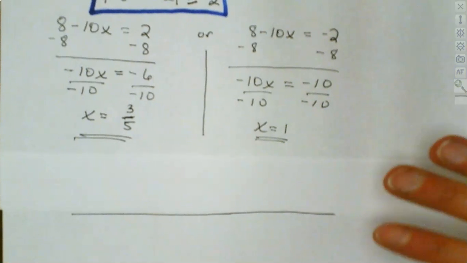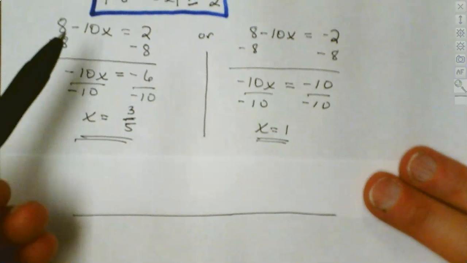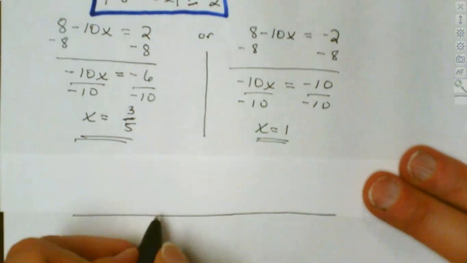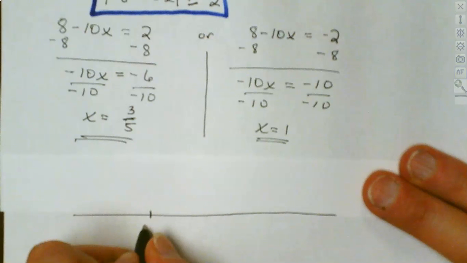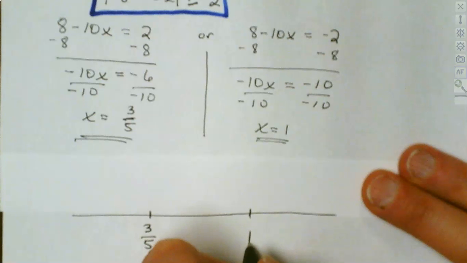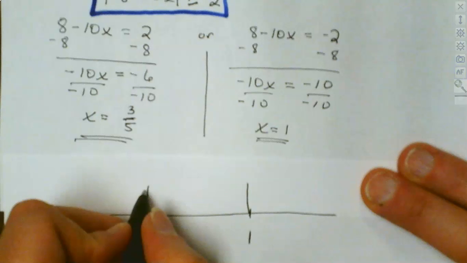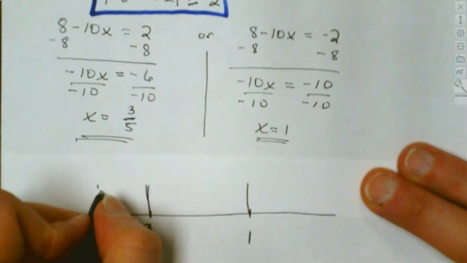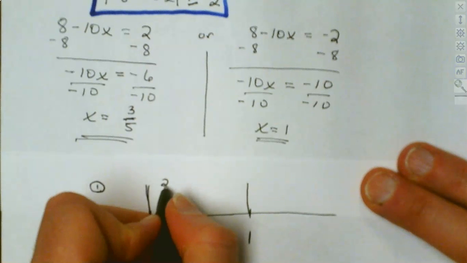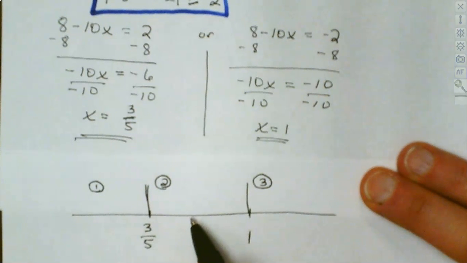So let's look at our number line here. Okay. We've got, make sure they're in the correct order. We've got 3/5, which is a little bit smaller than 1. Notice, and this is why I picked this one, notice where 0 is going to be at. Yep, we've got our 3 regions, and 0's not in the middle anymore, is it?